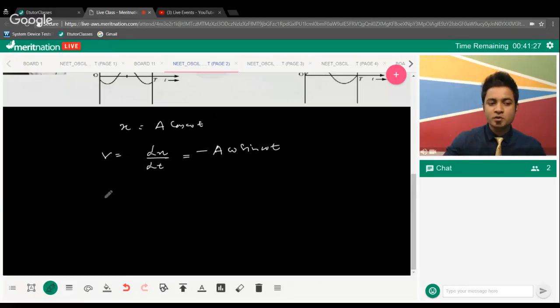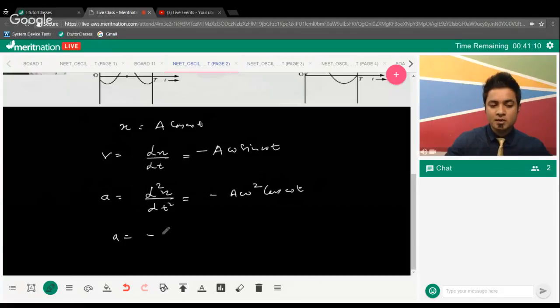For the acceleration, you just need to differentiate again. This sine would become cos omega t. So the acceleration comes out to be minus a omega square cos omega t, or better, you can write it as minus omega square x. This is also a function of cos, but here one negative sign is also introduced.